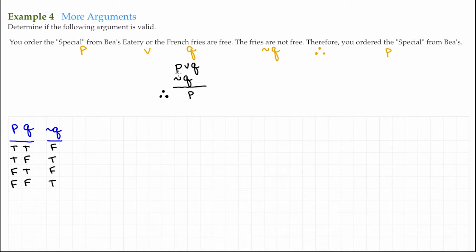And then I'm going to go ahead and put in my first premise here. P or Q. And we know that that's a disjunction. And it has the pattern true, true, true, and false. Both simple statements have to be false.